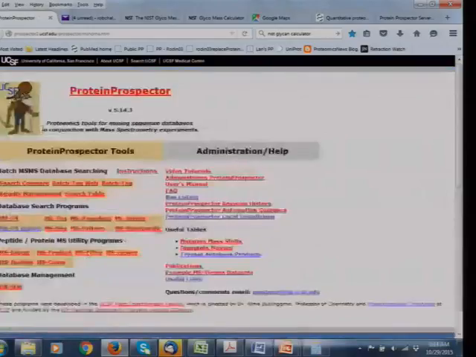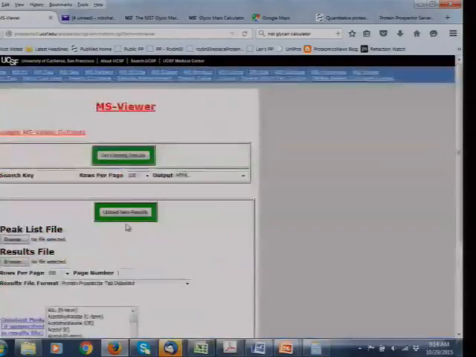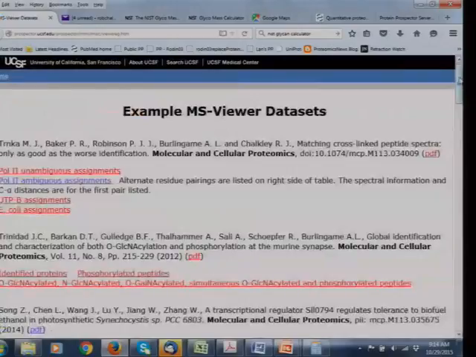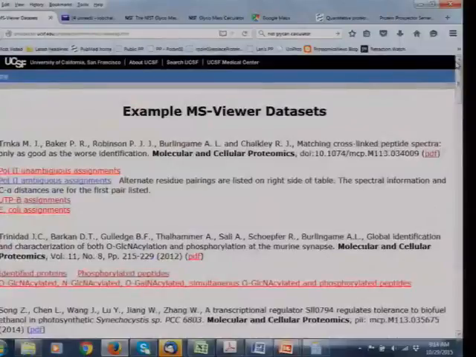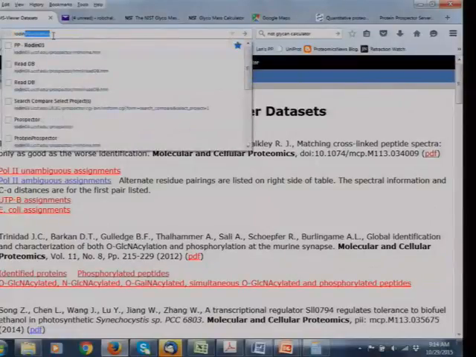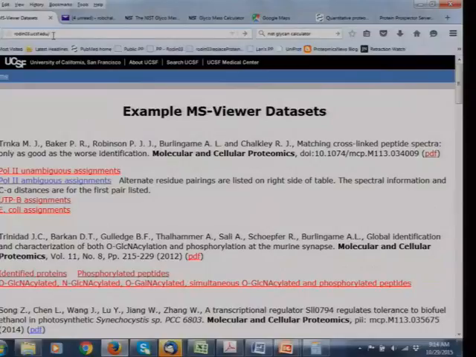Can I find an example? Do I have any good examples? See if this works. Is that going to work? Do I have access?